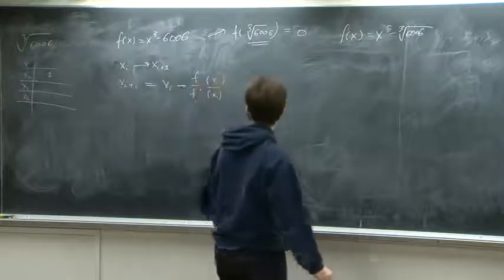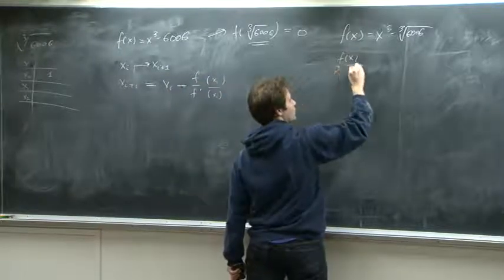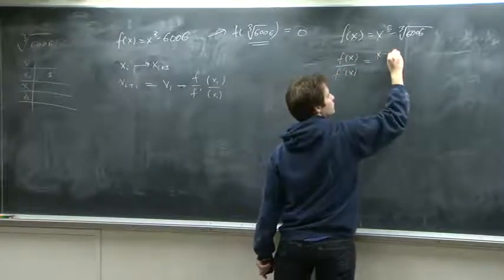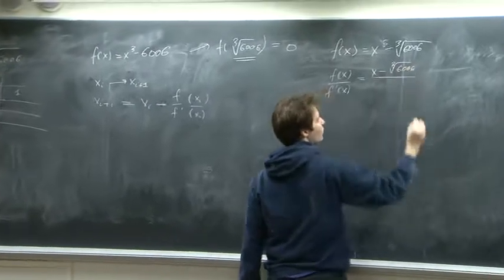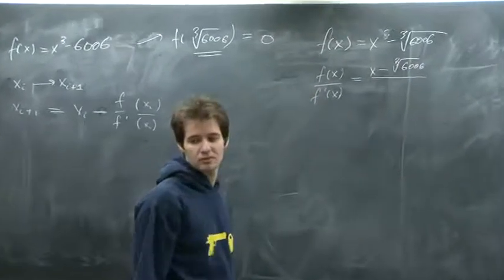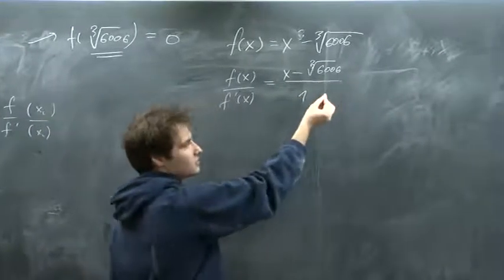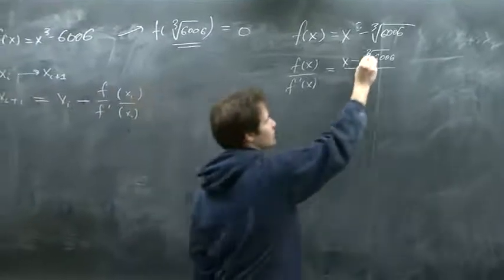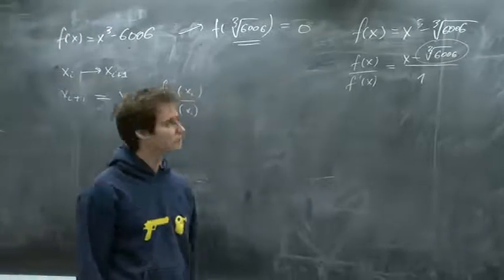If I'm trying to compute the successive approximations, f of x over f prime of x is x minus the cube root of 666 over, what's the derivative of this? 1. So I haven't done anything. In order to compute the successive approximation, I have to know this number. So this doesn't get me anywhere. That's why it's a bad function.